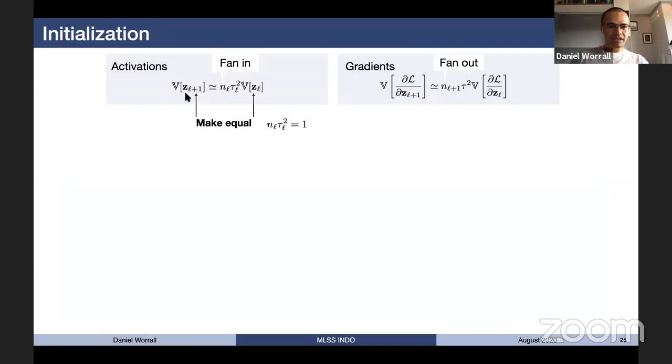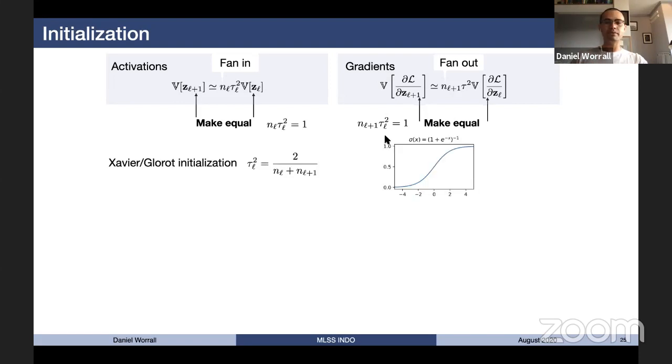And in order for these two variances to be the same, we want n tau squared to be equal to 1. But if you do it for the gradients, the equation is very, very similar, but with an n_{L+1} here. So fan in is the number of dimensions of the input to a layer. Fan out is the number of dimensions of the output.